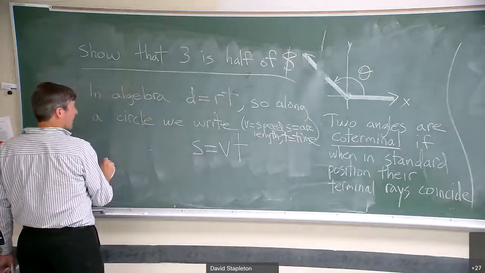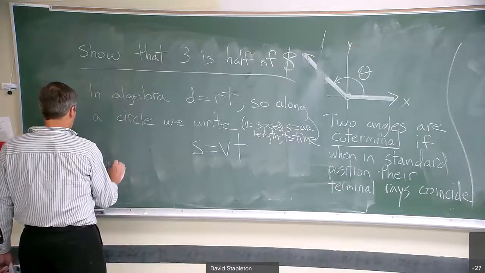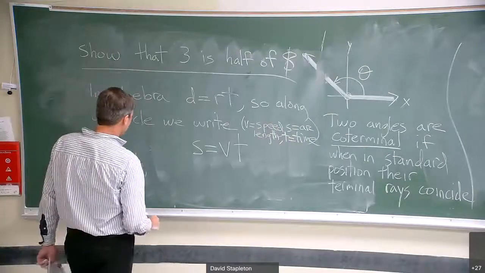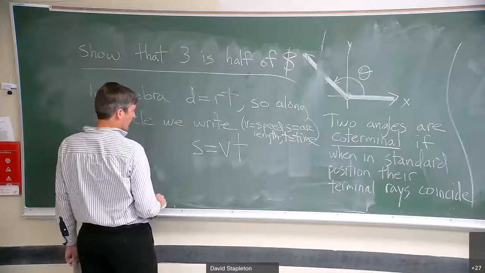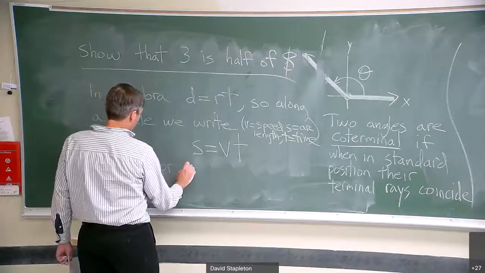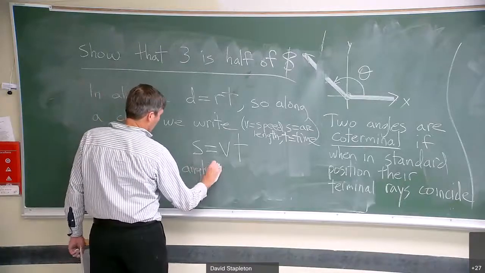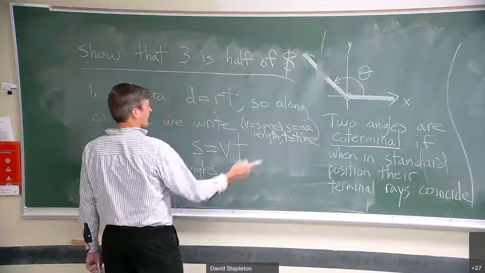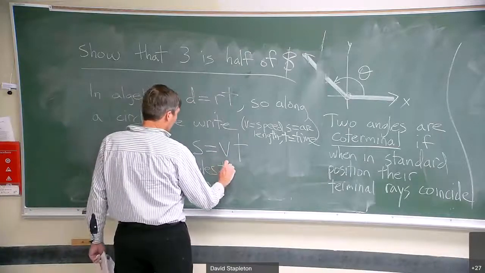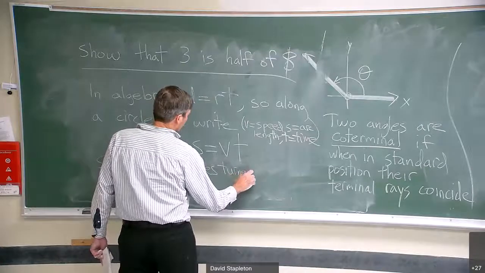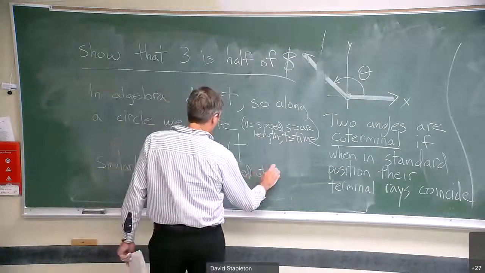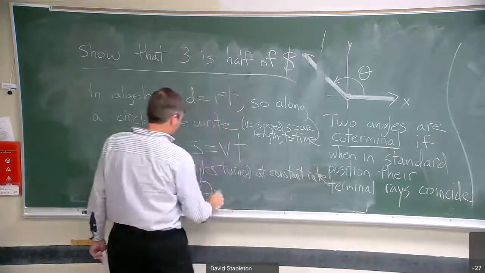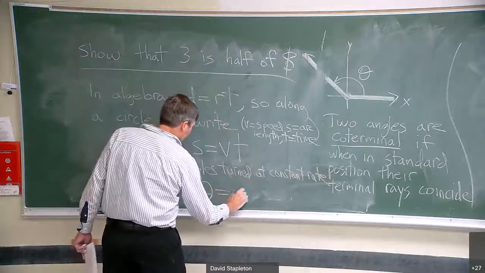Now, similarly, we can do angles. If we want angles, we can say that theta, the angle that you turn through if you're turning at a constant rate, so angles turned at a constant rate. In calculus, you do variable rates. We'll say the angle you turn through is the angular velocity times time.